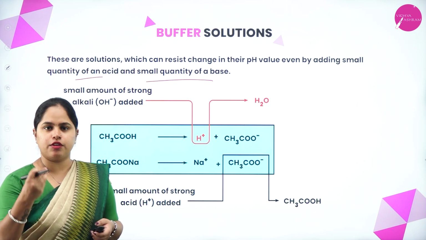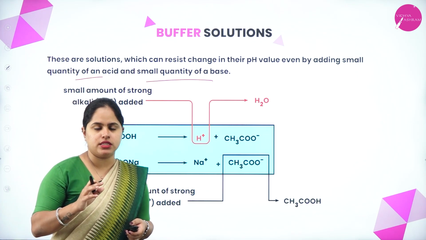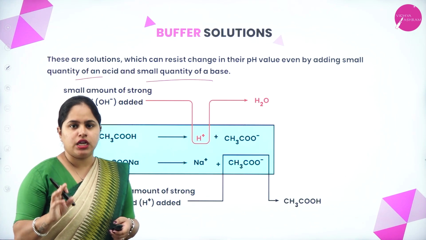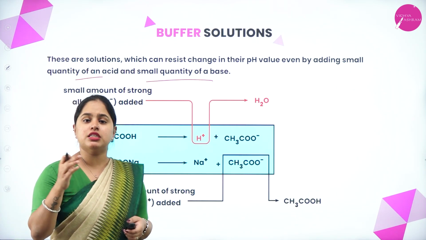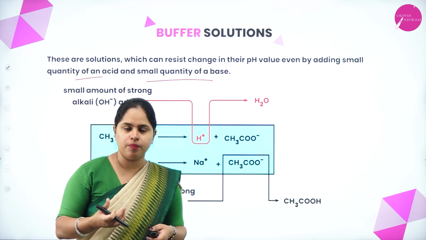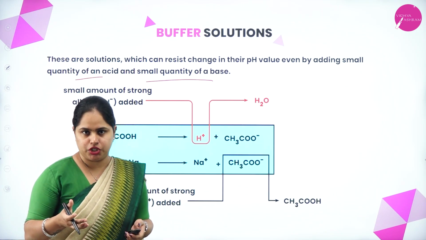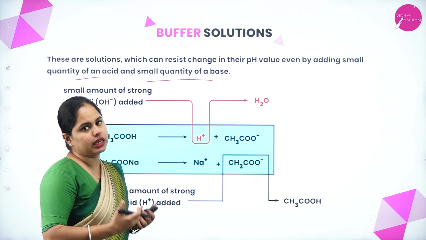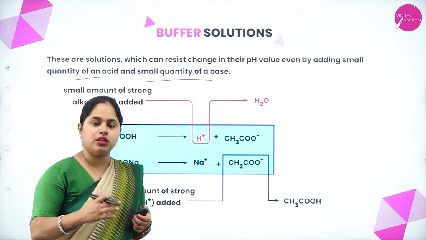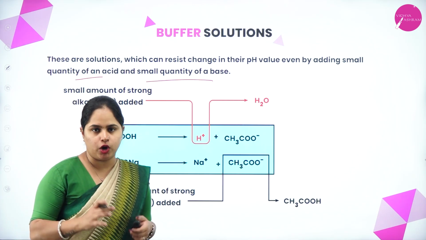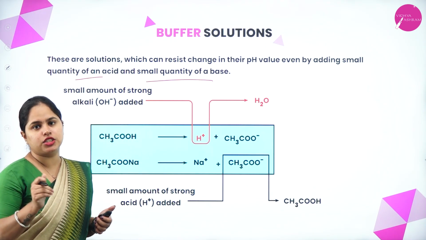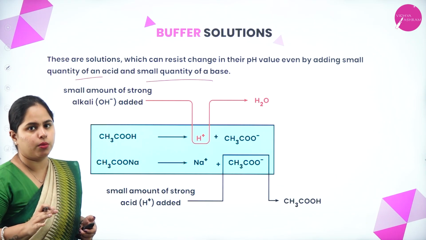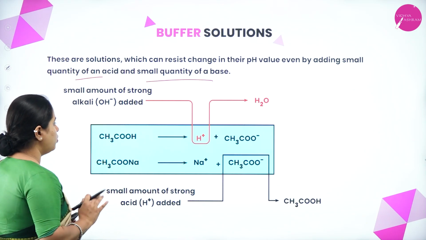Normally, if you are adding a small amount of base, the pH value should increase, and if you are adding a small amount of acid, the pH value should decrease. But these buffer solutions have the ability to not make this change, right? Because some reactions are taking place in this buffer solution, so that the pH value will not change. So these are the solutions which can resist the change in pH even if we add a small amount of acid or base. So how does this happen?